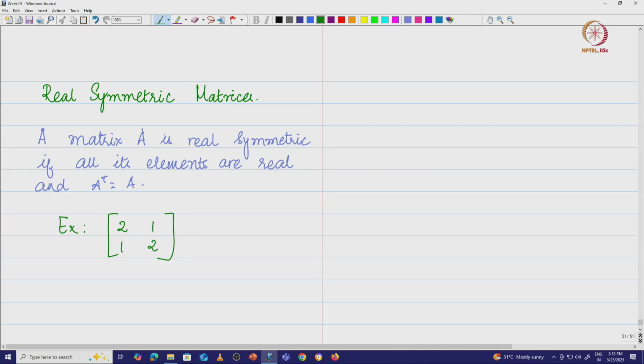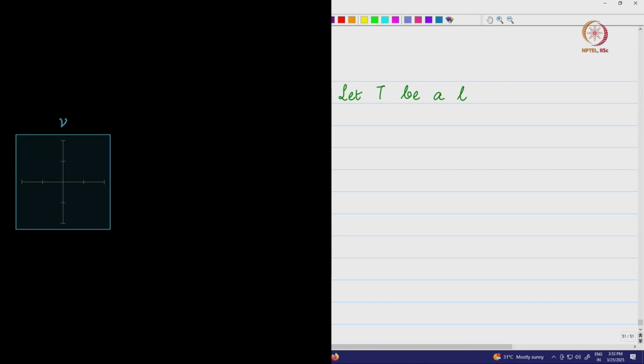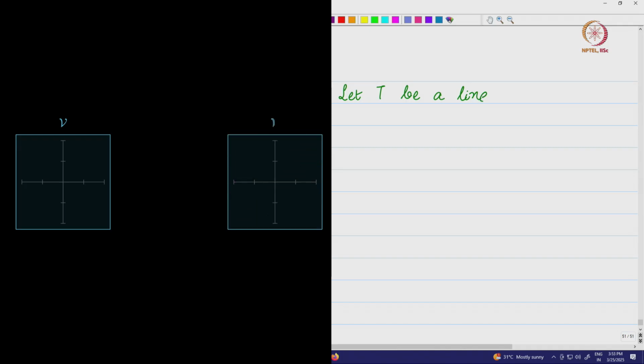We are going to look at a linear mapping. Let T be a linear mapping such that T maps a vector in the vector space V back to the vector space V itself.